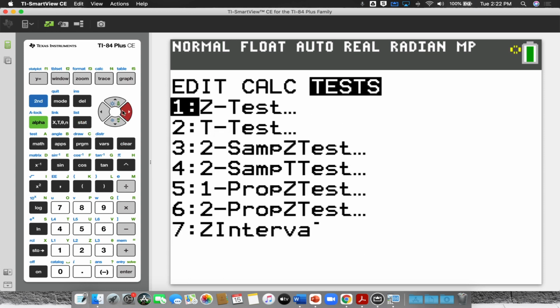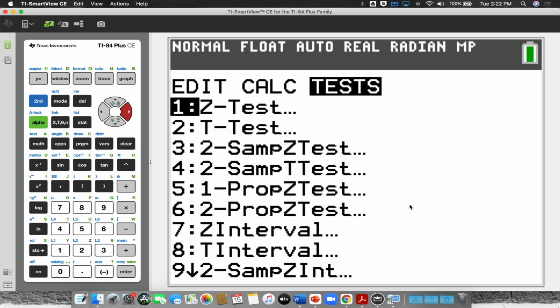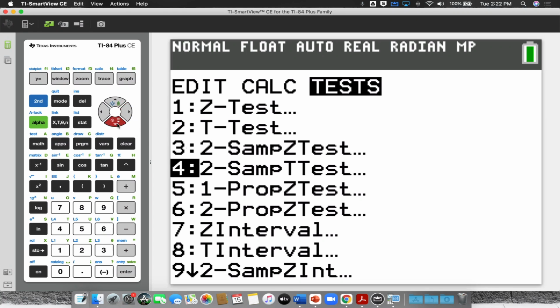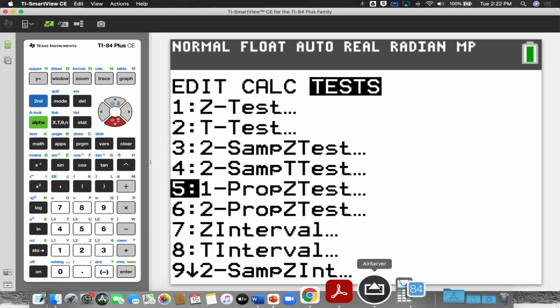Stat tests. So we're looking for tests. The first one is a z-test. Well, let's see if we can find a better one. 3 and 4 say 2 sample. That's not what we want, so definitely skip those. Number 5, a 1 proportion z-test. That sounds a lot closer, right?